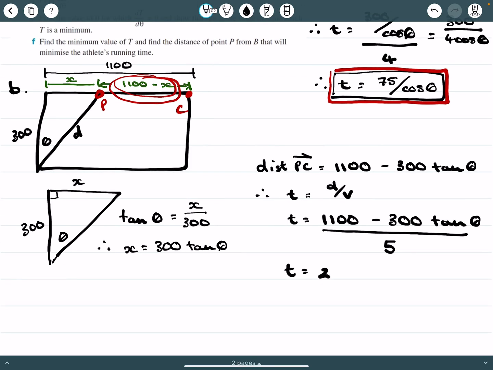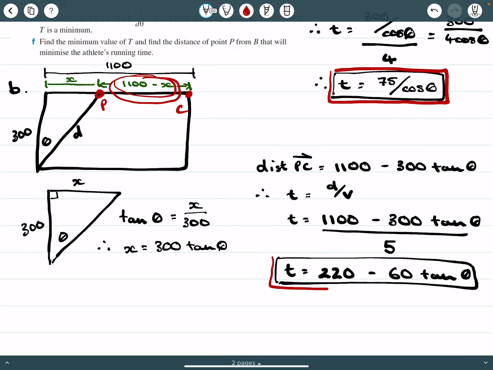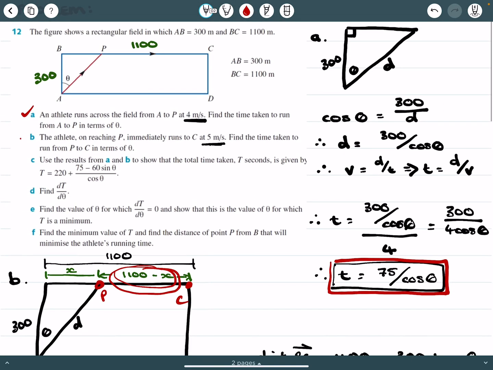And my time would come out as 1100 divided by 5, which is 220, minus 60 tan theta. And this would be the time to travel for the runner from point P to point C. All right, so that's part B.